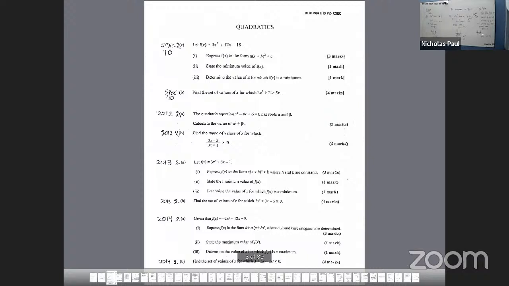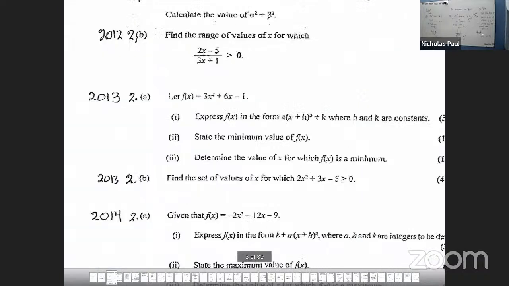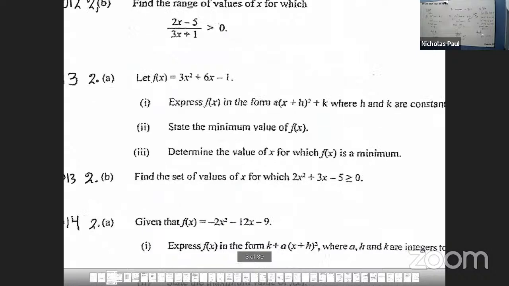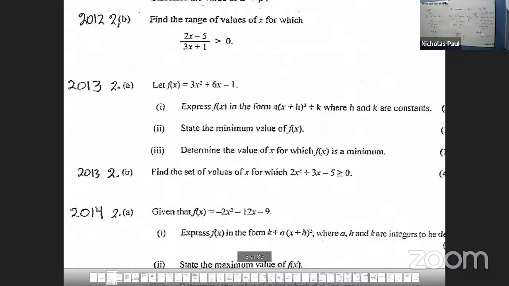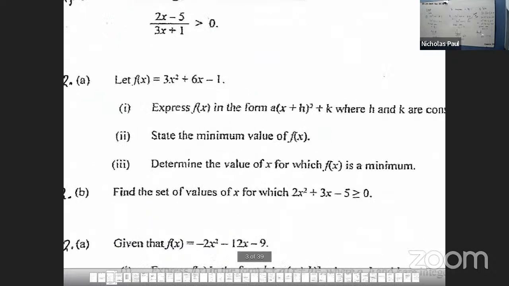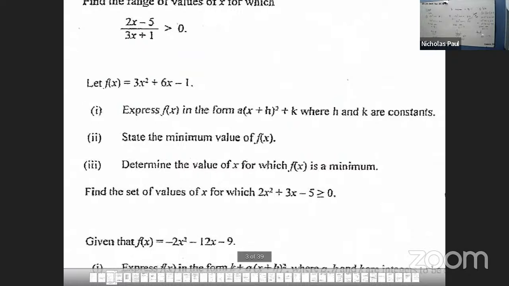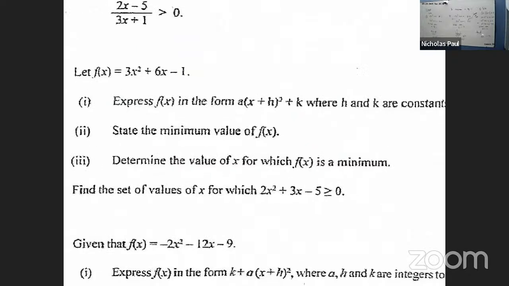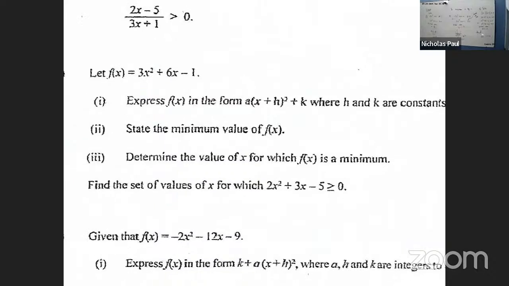All right, this one. Now we have time and I want to do this whole thing from 2013. You do number 2, A and B. 2013, number 2A and number 2B. That's what you see in there, right? Ignore the part underneath and ignore the part on top. Right? You do it.